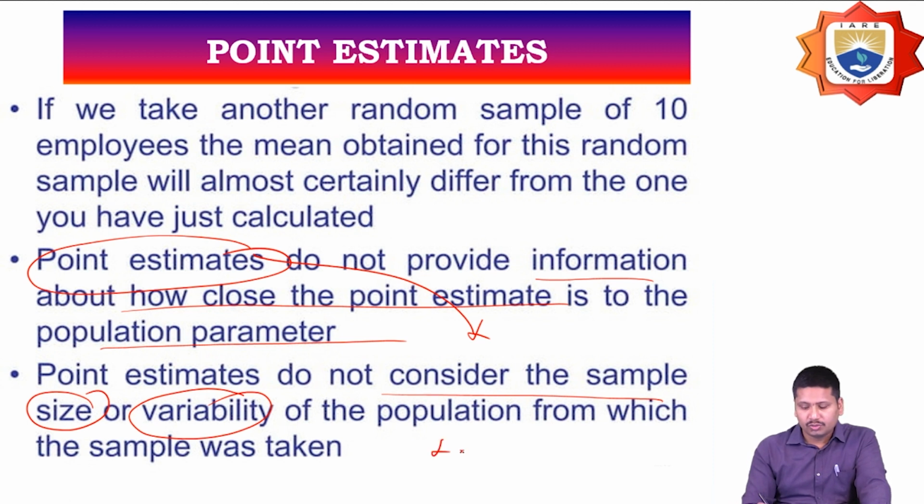So these two things are not provided by the point estimate: how close the point estimate is to the population parameter, and the sample size and variability of the population.